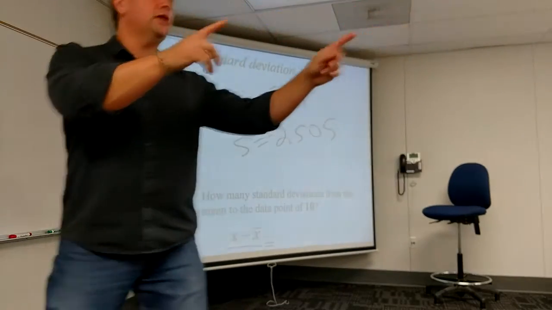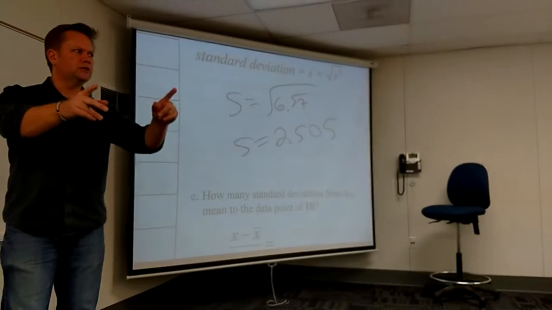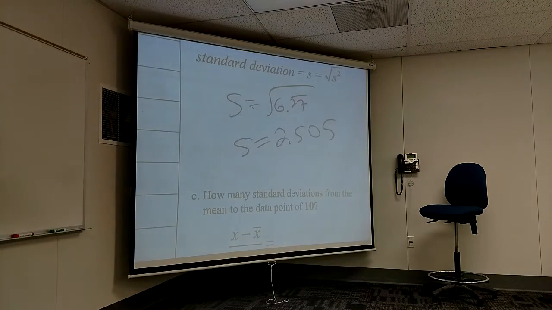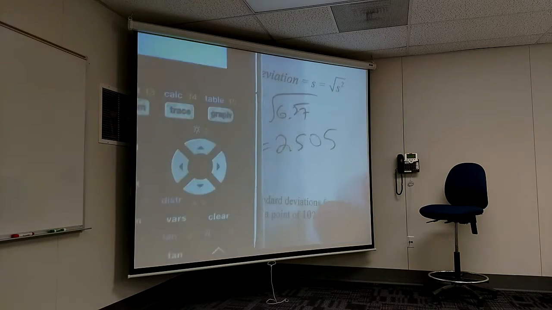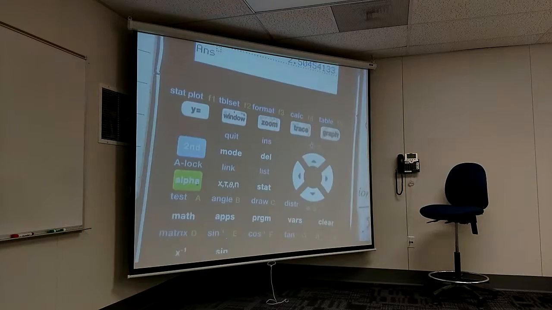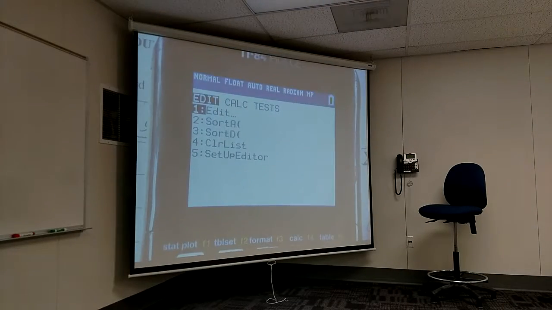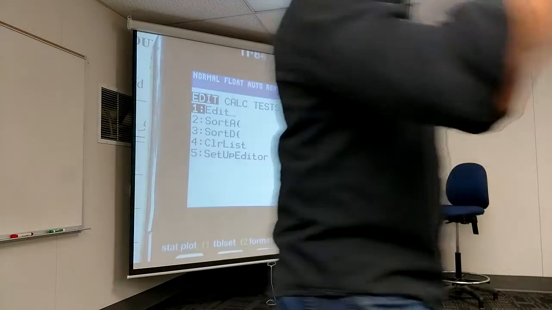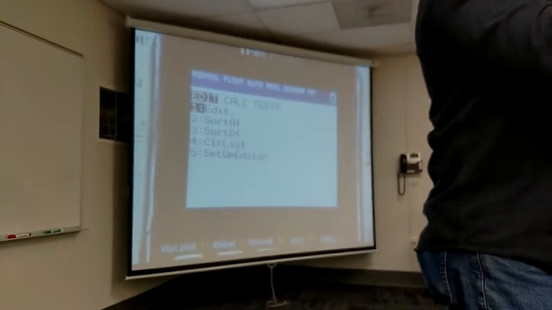And let me show you, if you guys were paying really good attention, I did something interesting at the very beginning of this. Here's a shortcut to make the calculator do all this work for you. If you hit stat, and I've got my data in list 1, and I want to calculate something now. How many variables are there? 1.